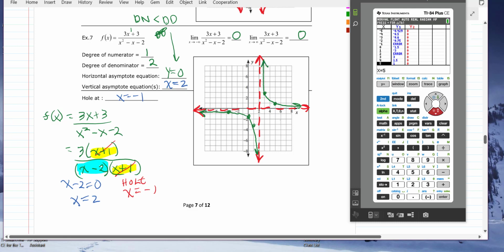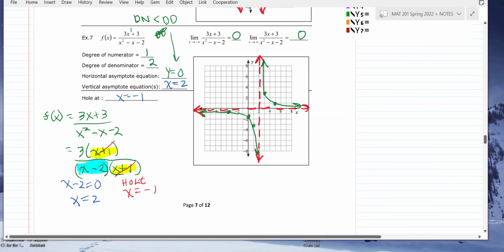That's how that goes. What'll happen on this too is, if you want to find the y value of where that hole is, just take what's left over, 3 over (x minus 2), and look at x equals -1, where the hole is. Just plug it in.